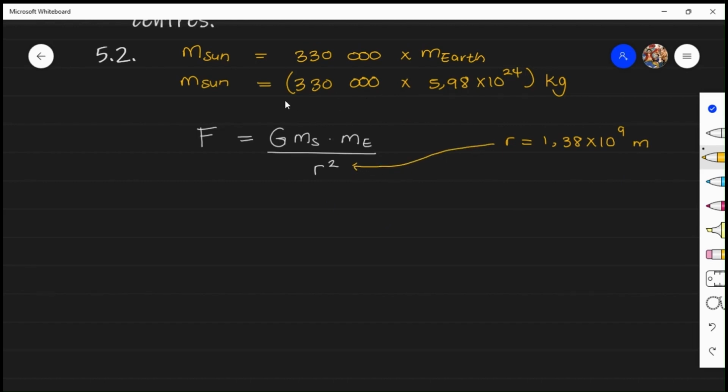We can substitute this in place of the mass of the Sun. And our value of G is a constant that can be found under your constants table at the back of your question paper.